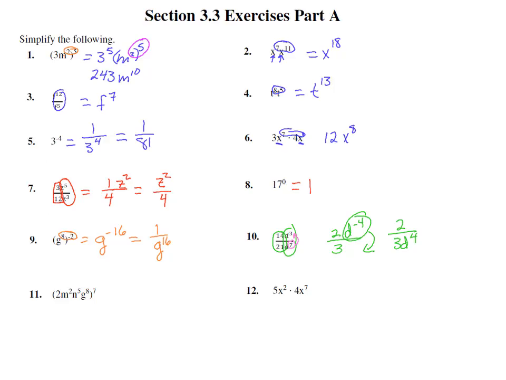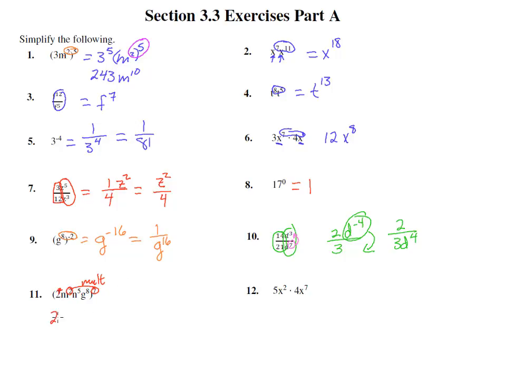Number 11, 2m squared n to the fifth, g to the eighth, all to the seventh power. So each one of these has to have the seventh power. Now these exponents raised to exponents, they multiply, just like we did up in number 1 and number 9.